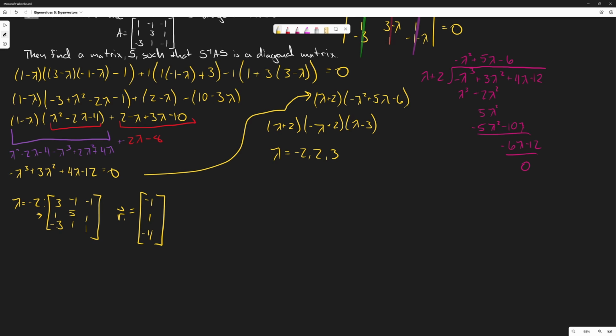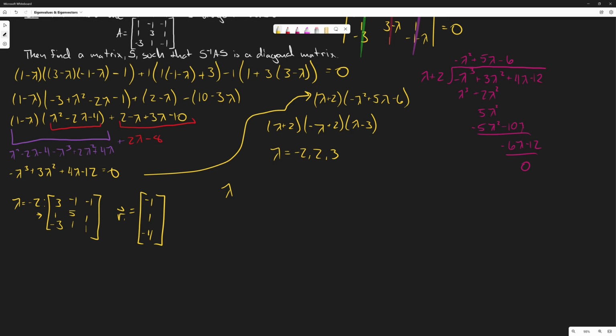Okay, so second row checks out. The first row will be negative 3 minus 1, negative 4. Then negative 1 times negative 4 is 4. Okay, row 1 also checks out. And then the last row, negative 1 and negative 3 is 3, plus 1, that's 4, negative 4. Okay, cool. First try. So this is the first one.